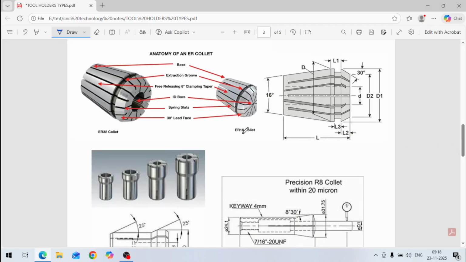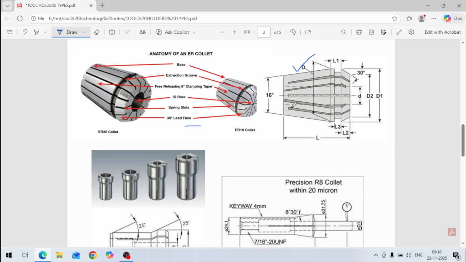Next, if you see here, these are the collets. This collet is an ER collet. This is a drawing of the ER collet. This included angle is 16 degrees, which interfaces with the collet chuck, and this is 30 degrees on the front side for the cap. The cap angle is also 30 degrees.